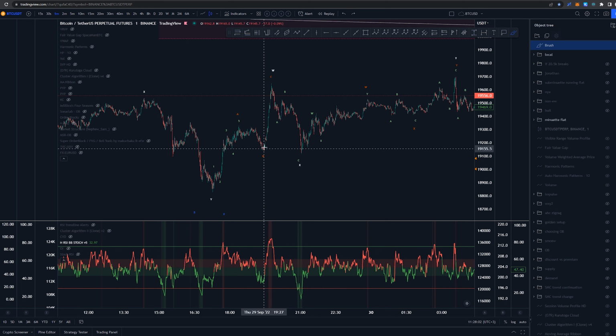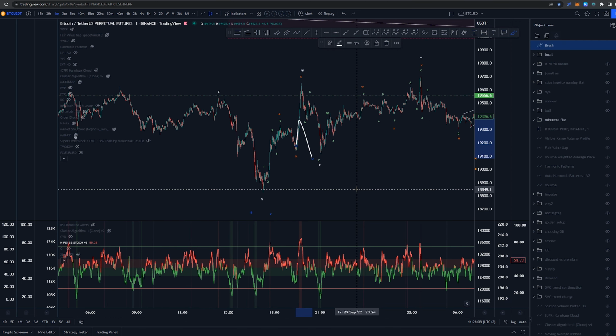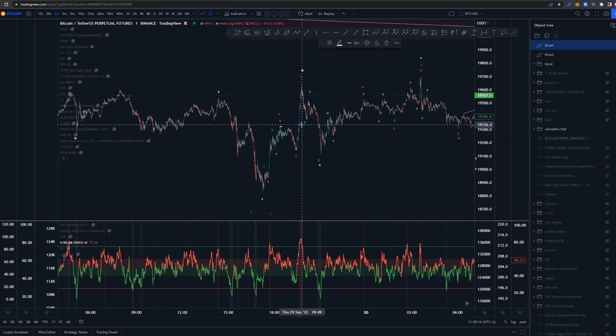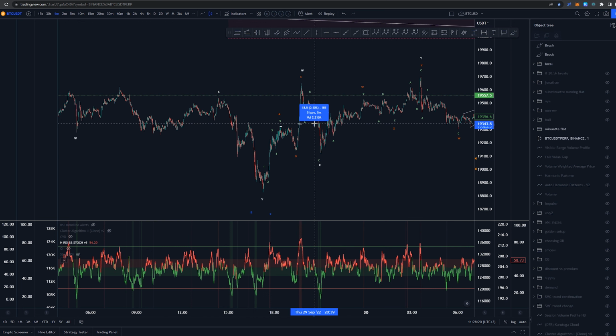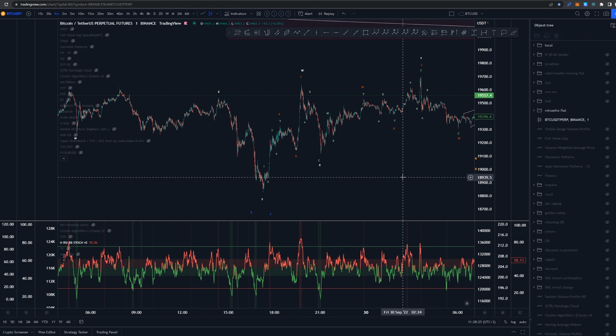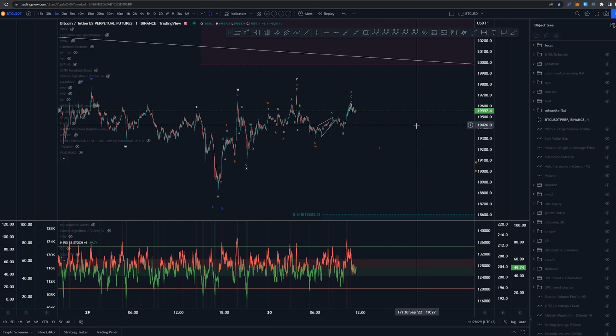Of course, it is possible that we created a 3-wave structure like that as a connector wave for this, but it didn't, so I got stopped out. I think that was the only losing trade there, and I basically lost nothing, 0.1%, just basically the fees of the trade.